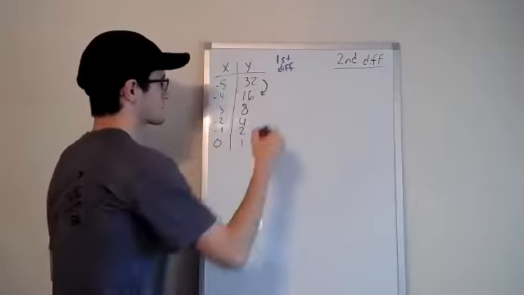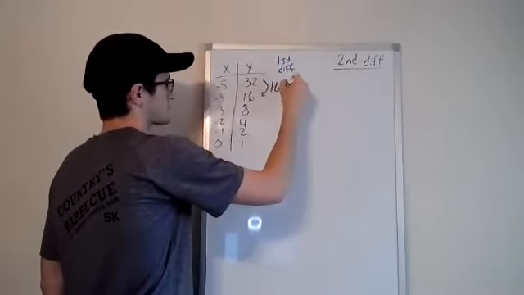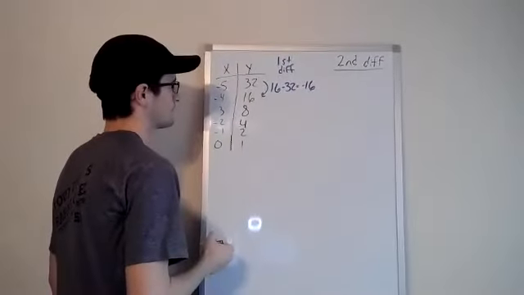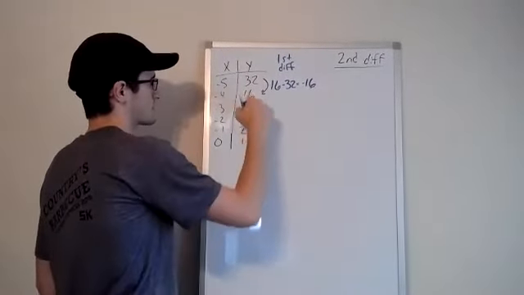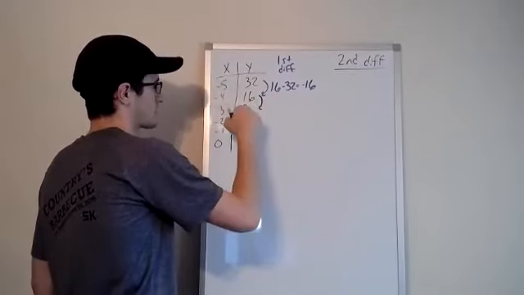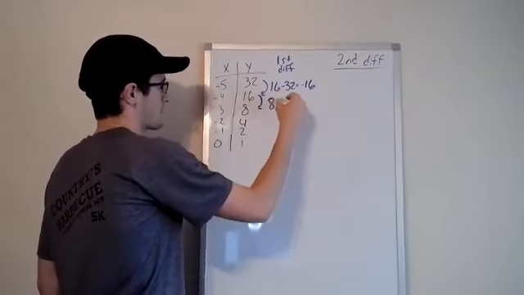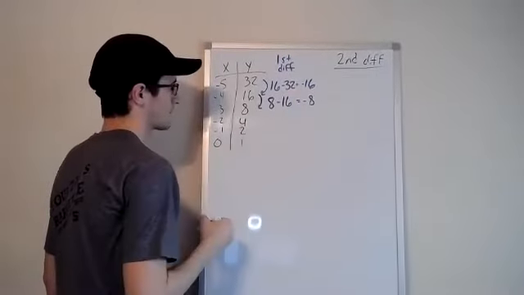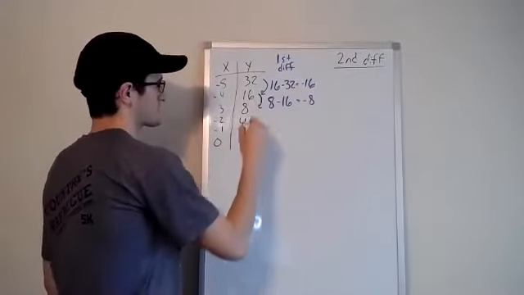What we do is take the second minus the first, so 16 minus 32 is -16. And again here we'll take the third minus the second, so 8 minus 16 is -8. Process is still the same.